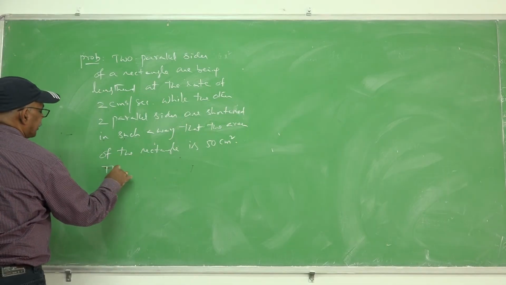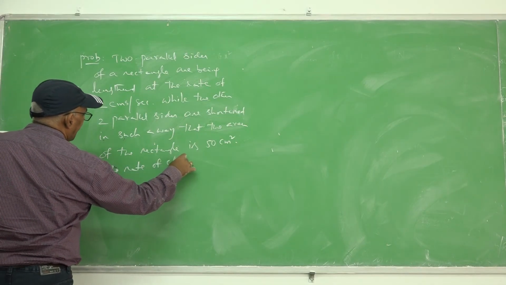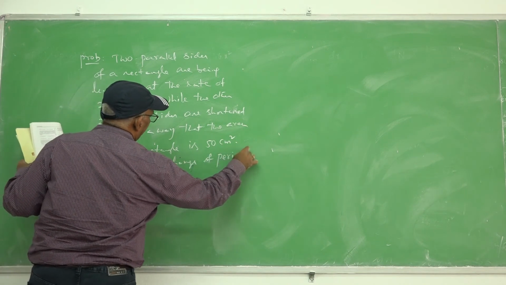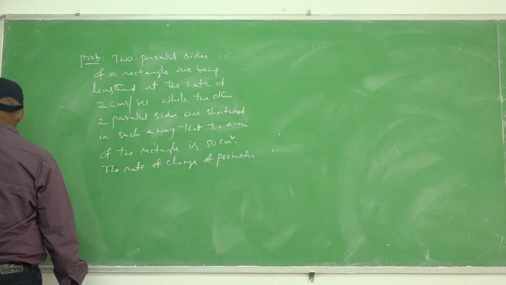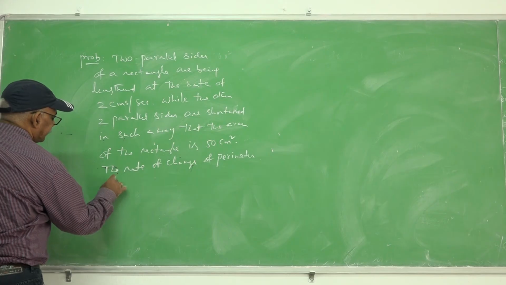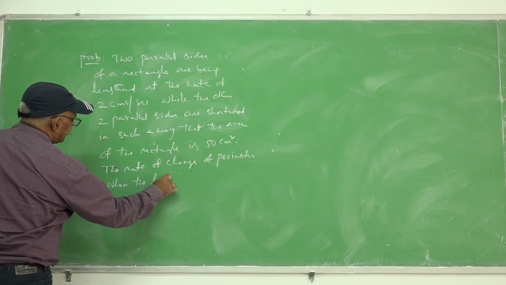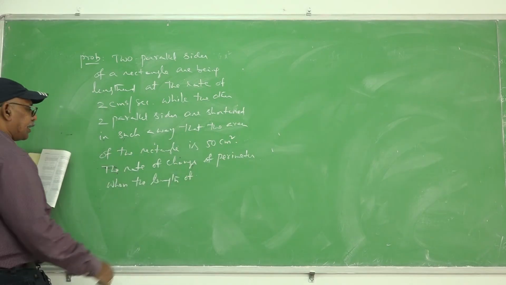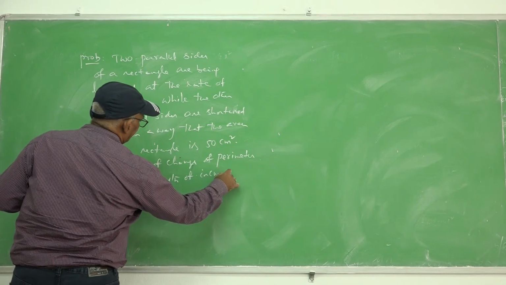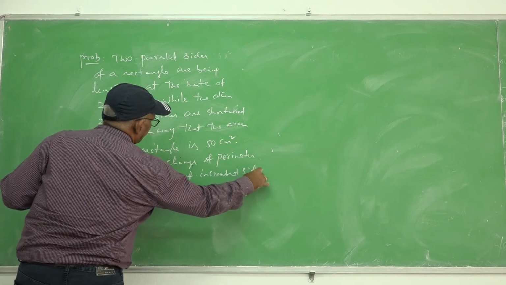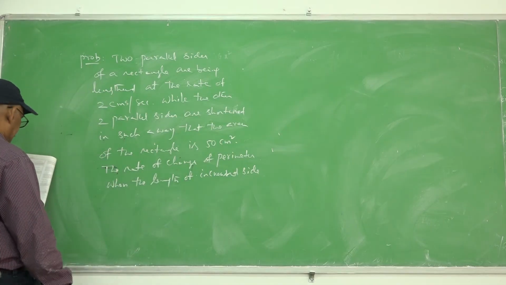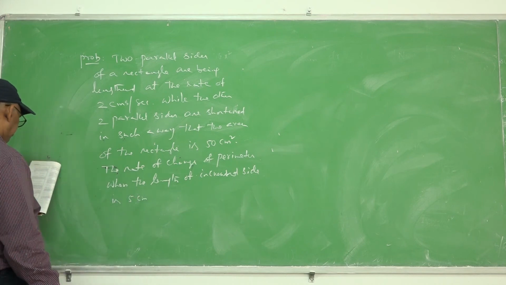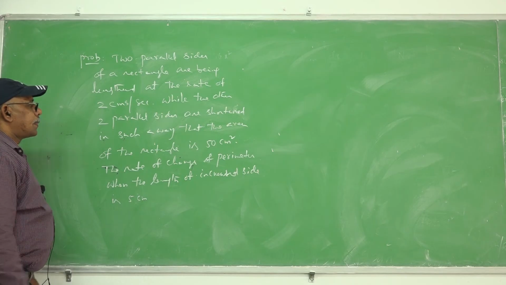The rate of change of perimeter when the length of the increased side is 5 centimeters is?